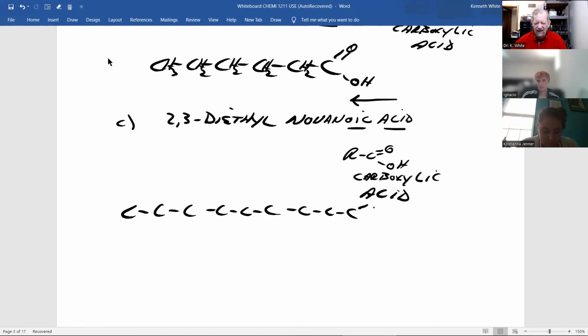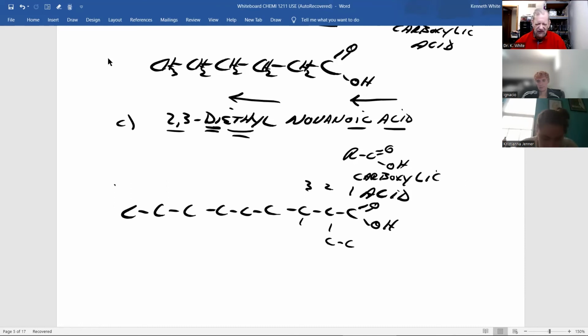And at the end here, I'll have my carboxylic acid. You could also put it on the left. I don't. Now, ooh, look, I have not one, but 2 ethyl groups, because I'm still going this way, and they're on carbons 2 and 3. Carbonyl carbon is 1, 2, 3.